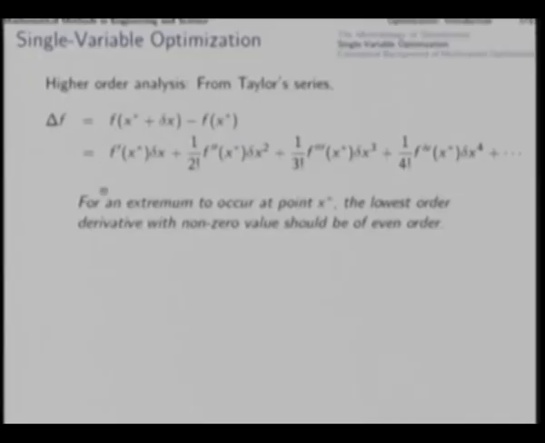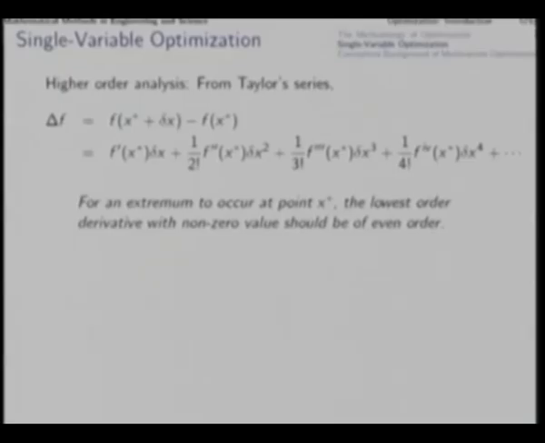Depending upon that, the first order term will change its sign, and that term is going to dominate the series for sufficiently close points, for sufficiently small delta x. That will mean that on one side this will be positive and on the other side it will be negative, and therefore, the difference being positive on one side and negative on the other will preclude the possibility of the current point being a minimum or maximum point.